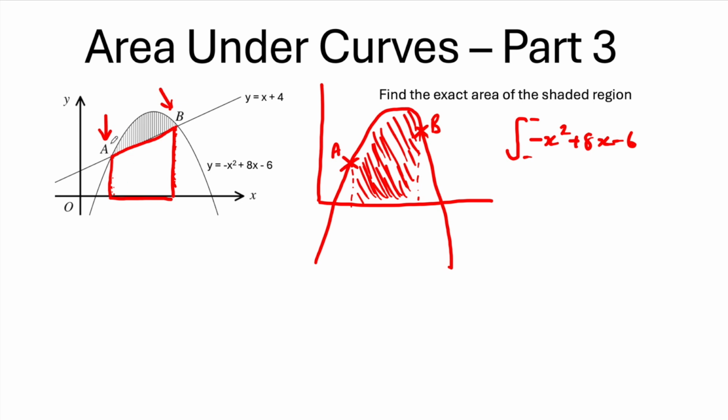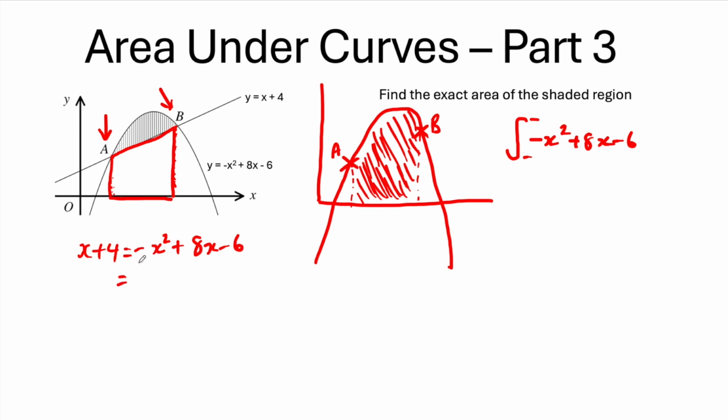Well, we know that at A and B, the line and the quadratic intersect with each other, and that means that the x coordinates at these points must be the same for these equations. So what we can do is equate the two equations together. So we've got minus x squared plus 8x minus 6.